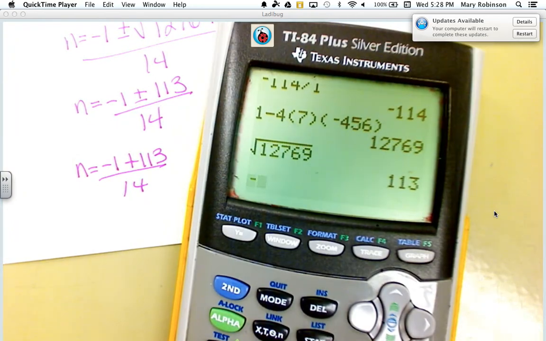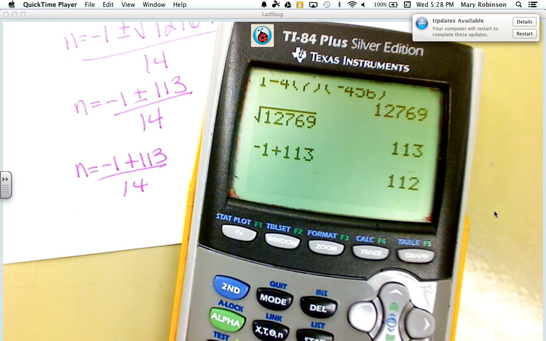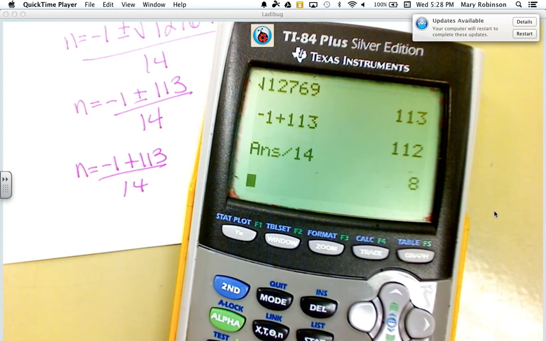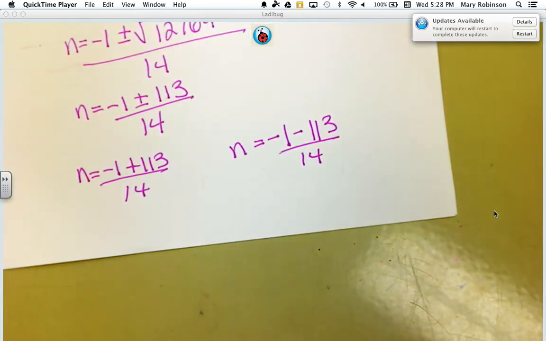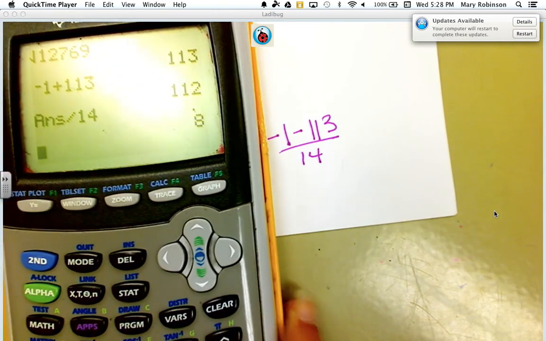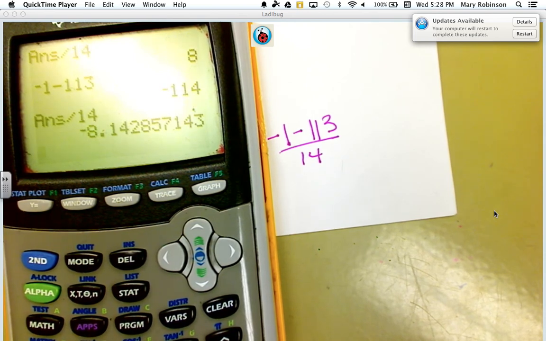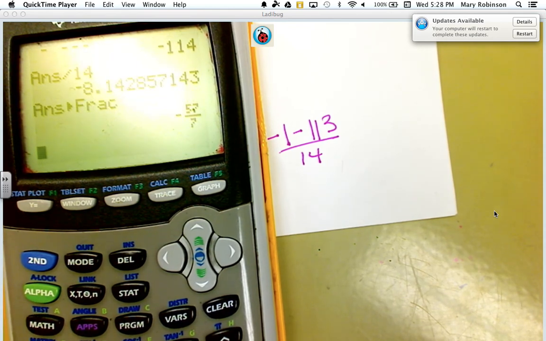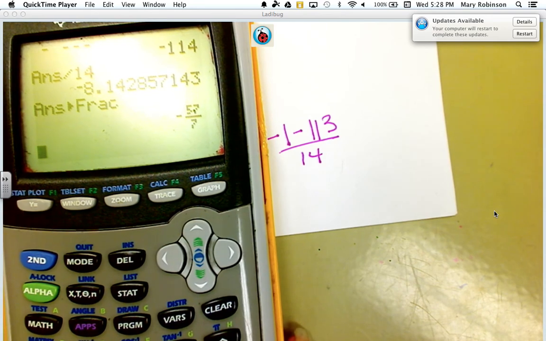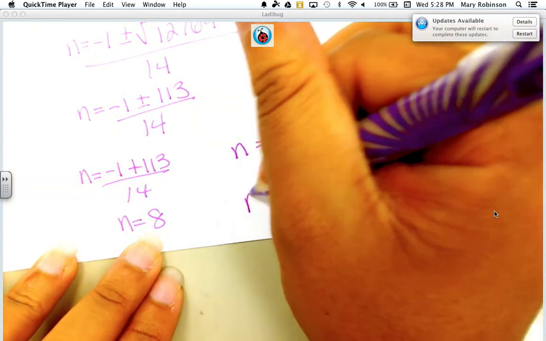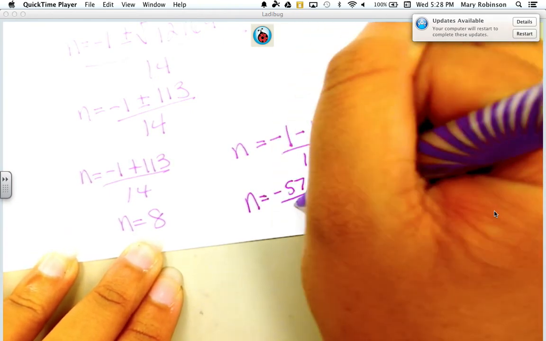Negative 1 plus 113 gives us 112, and 112 divided by 14 gives us 8. So n equals 8. For the other, negative 1 minus 113 divided by 14 gives a decimal, so we change it to a fraction: negative 57 over 7.